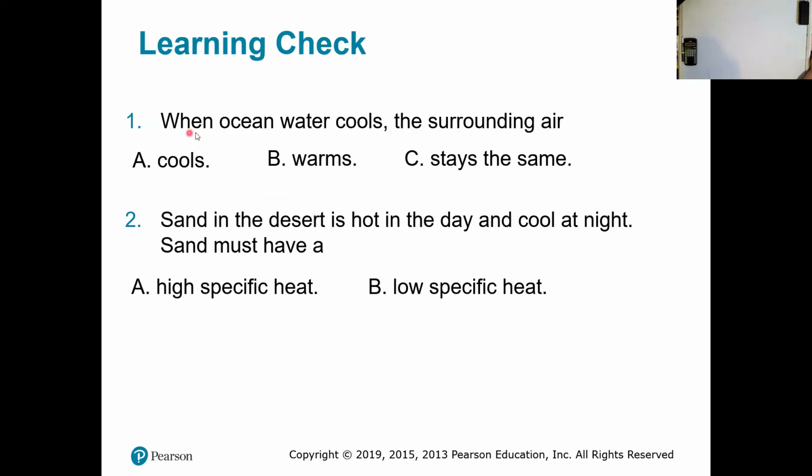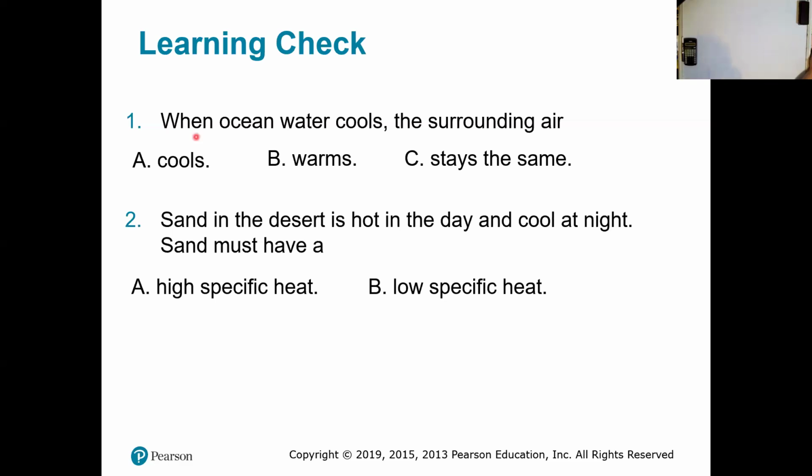So when you look at these two questions, let's think about the specific heat and think about what we would expect to happen. When the ocean water cools down, what happens to the air that surrounds it?